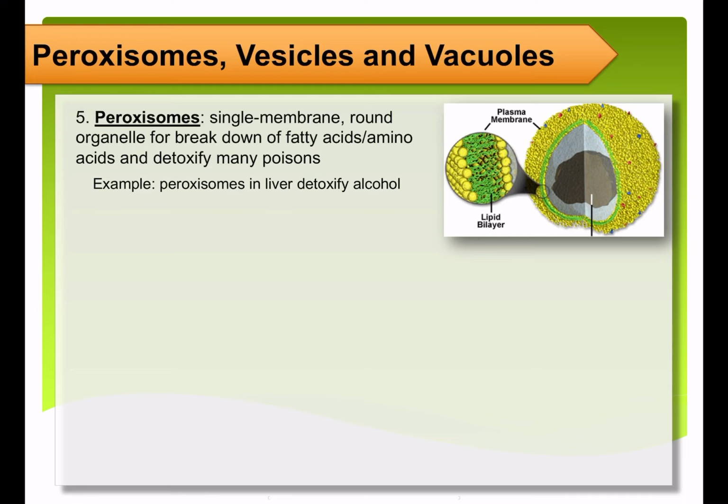All right, so the next organelle we'll talk about is called the peroxisome. Peroxisomes are small membrane-bound spheres that float around the cytoplasm in the eukaryotic cell, working for the purpose of breaking down fatty acids or amino acids, usually ones that are no longer useful for the cell, and they also detoxify many poisons.